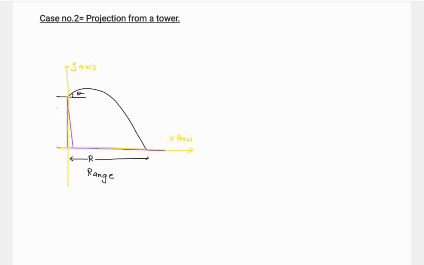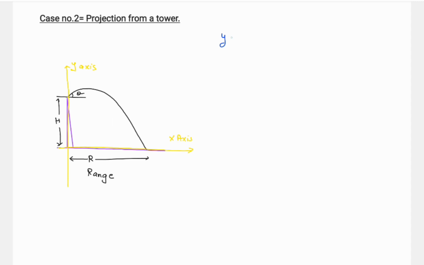Okay, and assume the height of the tower is given as h. Here h is the height of the given tower from where you have thrown the projectile. This much is given. Now see, what is the trajectory equation of the projectile motion that we have discussed?